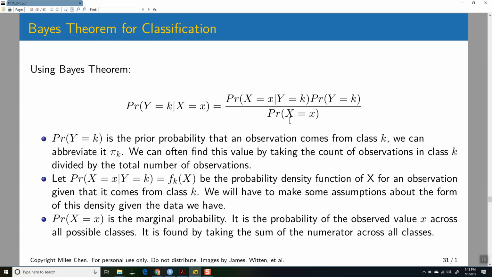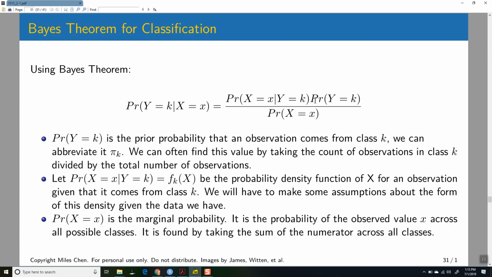We find this by calculating the numerator for every possible class, and then adding them up. So if there are two possible classes, those that default and those that didn't, we do it for both cases and add them together, and that's our denominator value. That makes sure that the value we get is a probability, and that across both possible outcomes, they add up to 1.